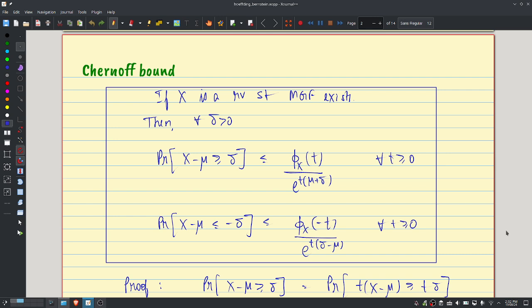Okay, so in the last couple of classes, we were discussing the Chernoff bound and its consequences, right? In particular, we saw that the Chernoff bound gives us an exponential tail bound on the probability that a random variable deviates from its mean by a certain amount.